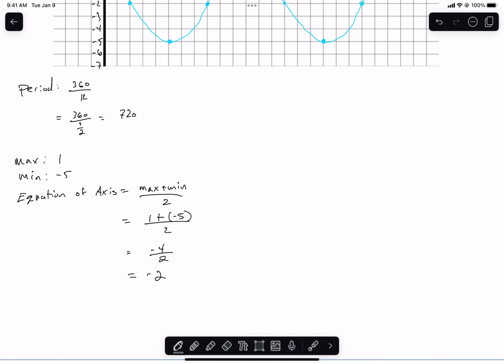So my initial equation of the axis, relative to the red graph, was 0. I took the whole graph and moved it down 2. So guess where our equation of the axis went? Down 2, to y equals -2.